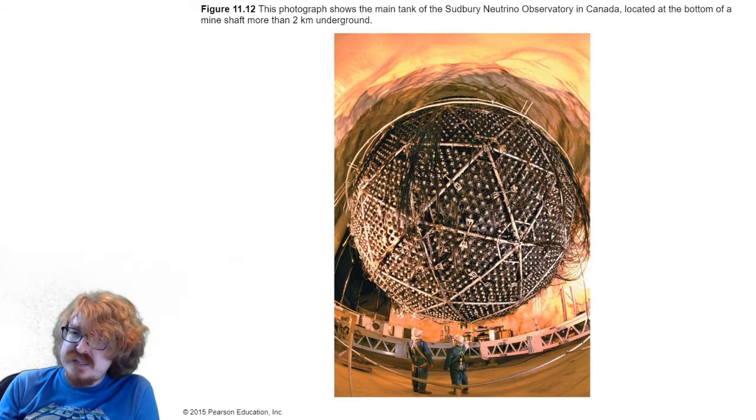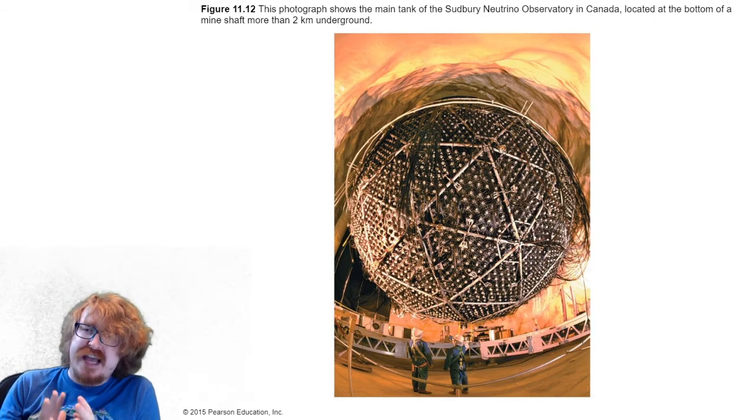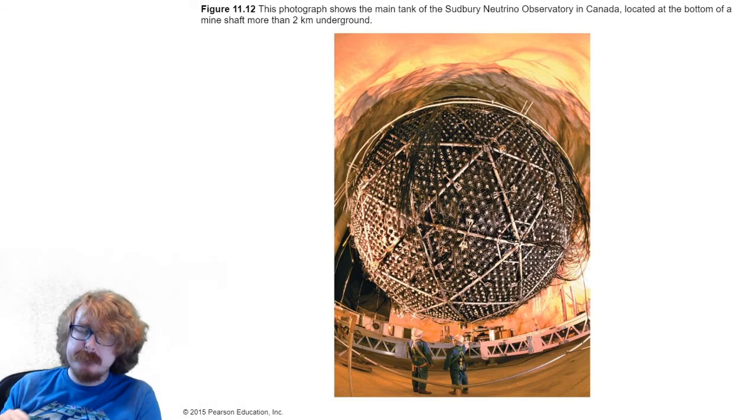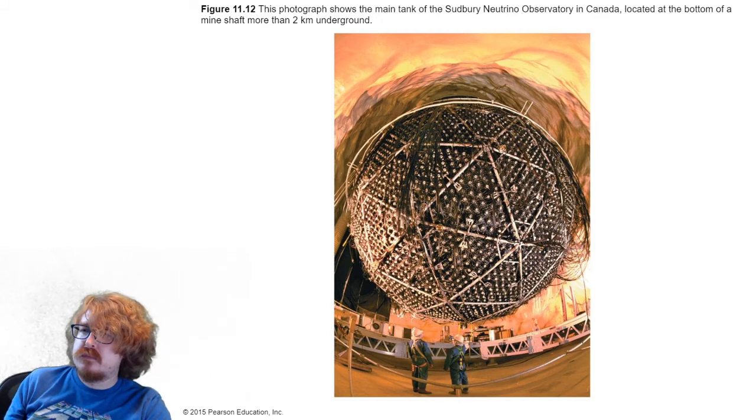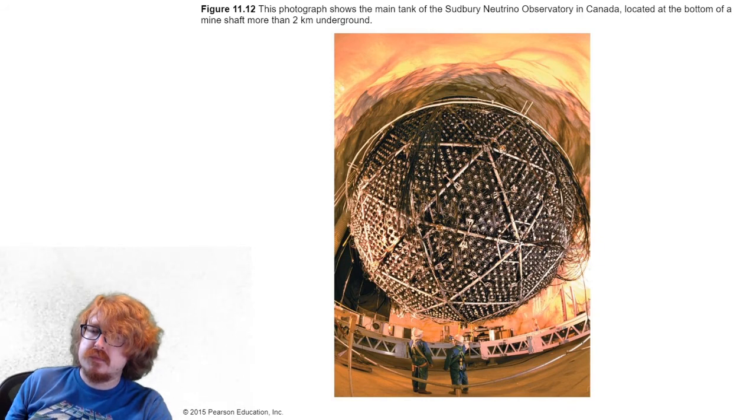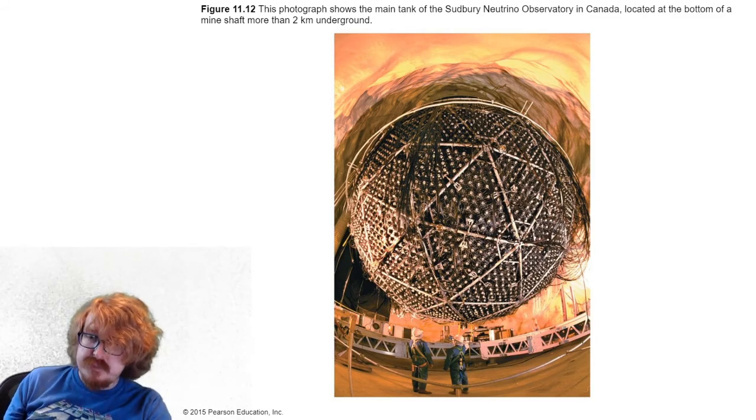But that also means what's going through your body right now, every single second? What's going through your body every second of every day? Neutrinos, and a lot of them.